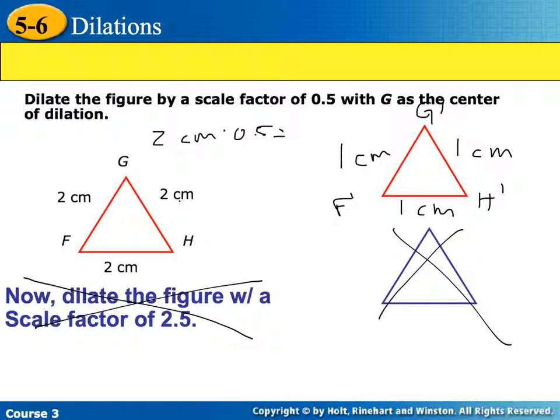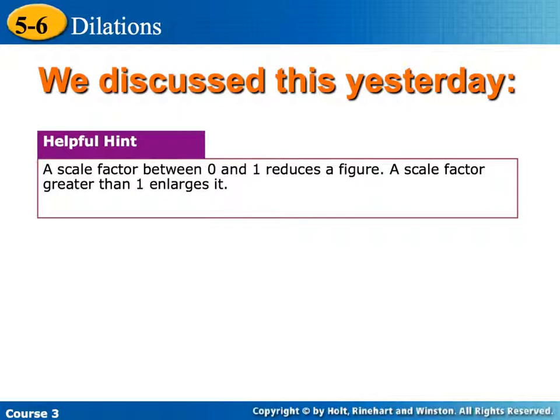Now, if you look at this, my scale factor is 0.5. Notice what happened to my triangle. What happened to the sides? It got smaller. Think about that last problem when we had a scale factor of 1.5. What happened to the sides? They got bigger. Just for a helpful hint, as you look at this, we didn't discuss this yesterday.